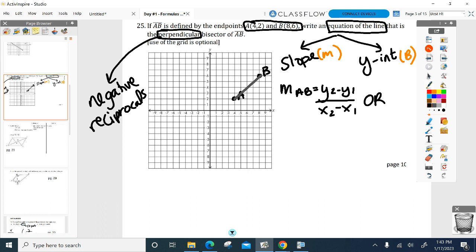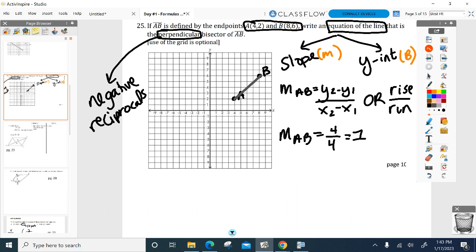You know what I'm going to use instead? I'm going to count rise over run. Up 1, 2, 3, 4. Over 1, 2, 3. Oh, that's a nice one, huh? 4 over 4. So the slope is positive 1.